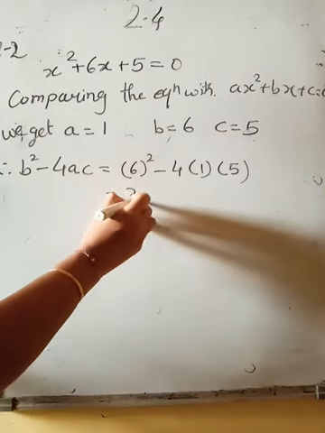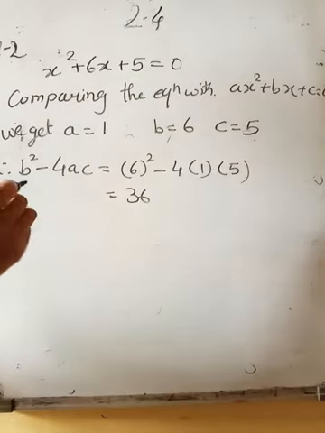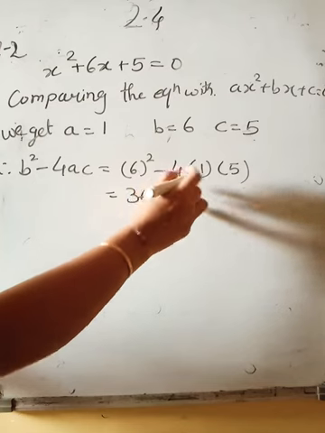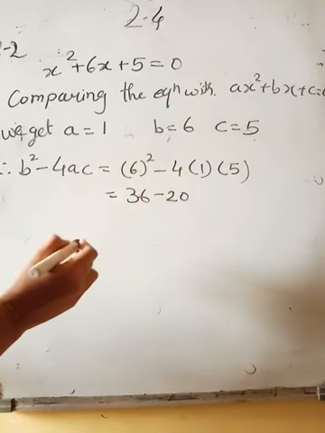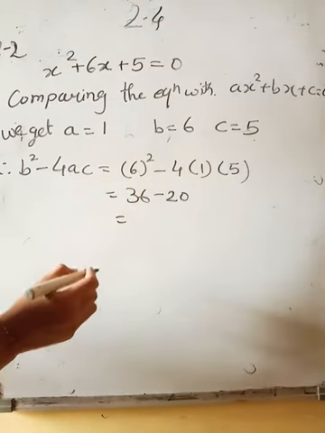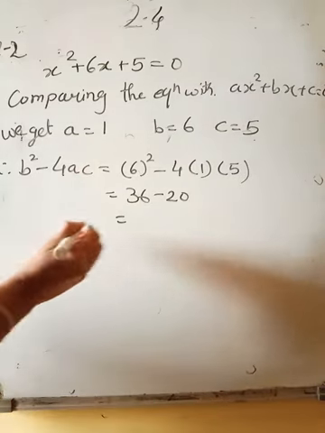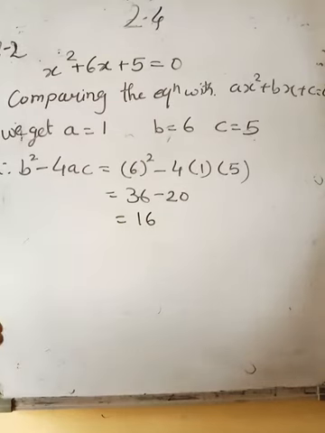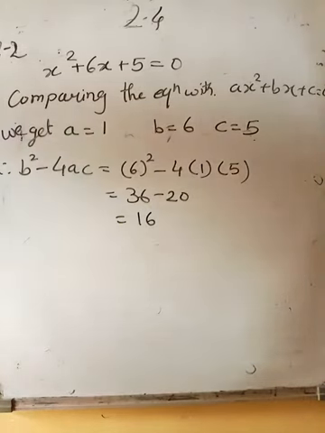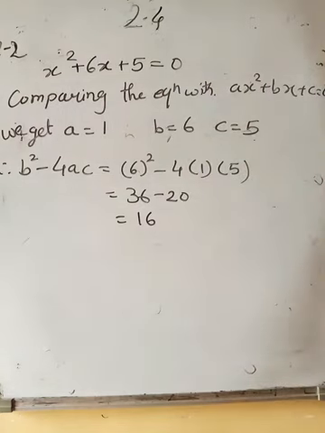So it becomes 36 minus 4 5s are 20. So 36 minus 20, 16. Okay? Got this?